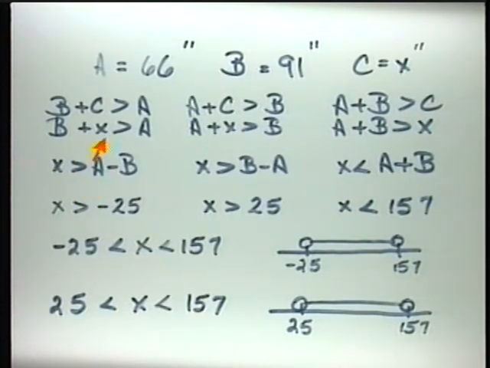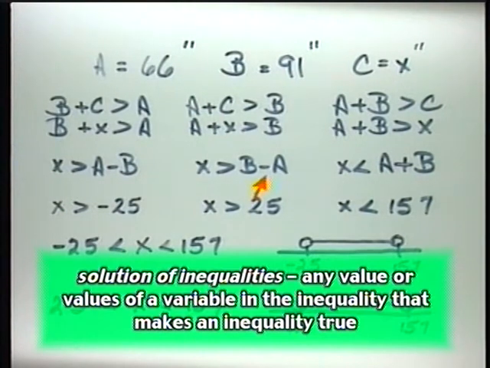If we take any number from our second number line, that is, numbers between 25 and 157, put them in our second inequality, we'll end up with a true statement. The solutions of inequalities are any value or values of a variable in the inequality that makes the inequality true.